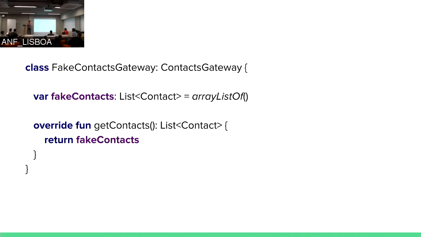Also, it has to have a default value that's an empty list, because when the application runs, the onCreate will be called, and the contexts interactor has a setup method that we call, you remember? It will run after the onCreate.